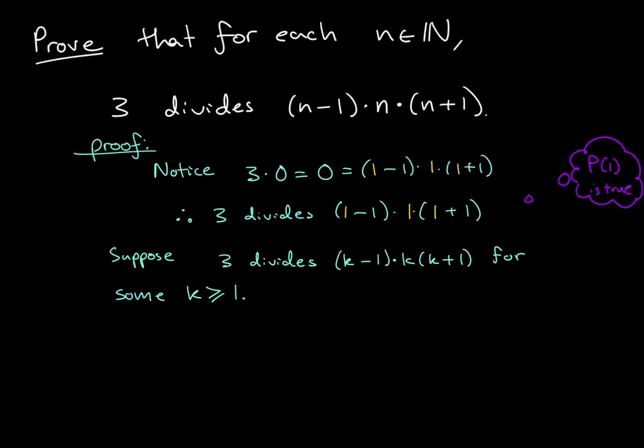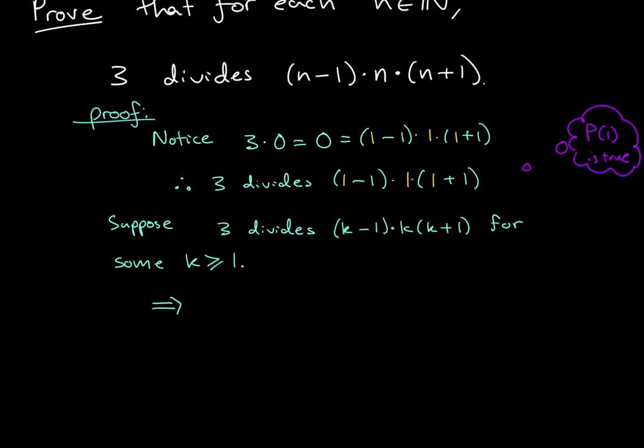All right? Well, that would imply that 3 times maybe some number m is equal to k minus 1 times k plus 1.